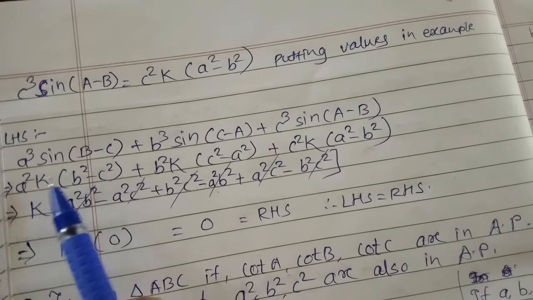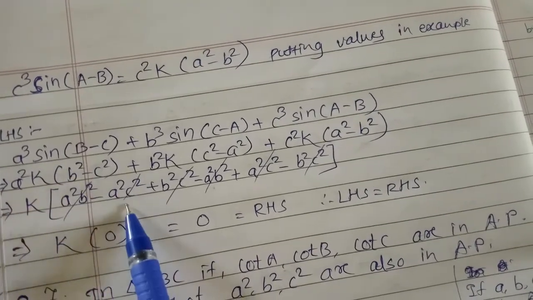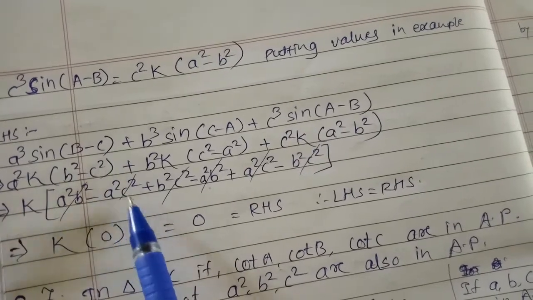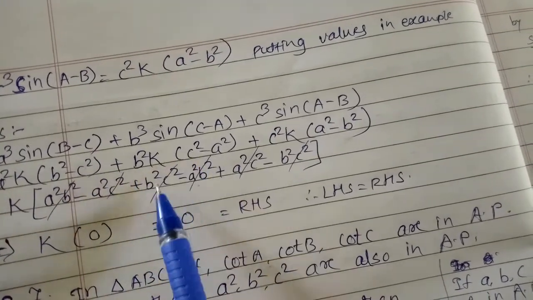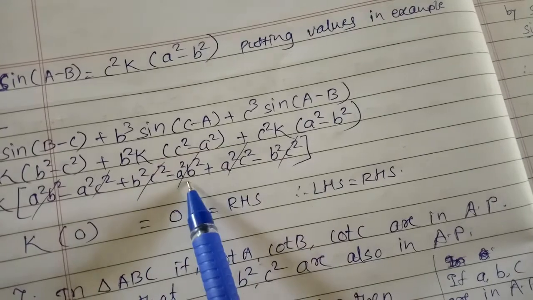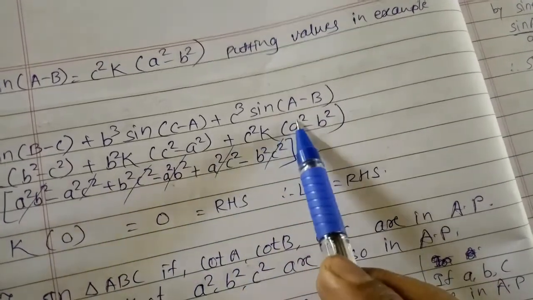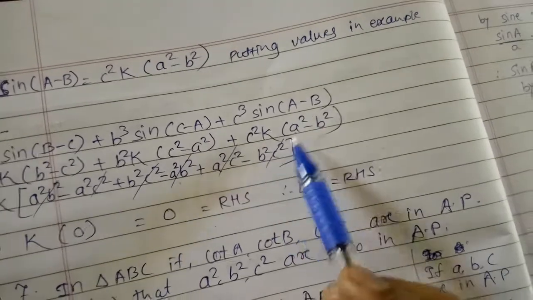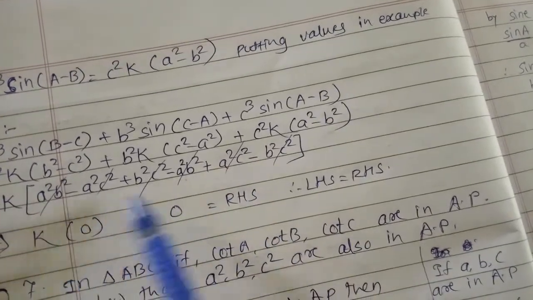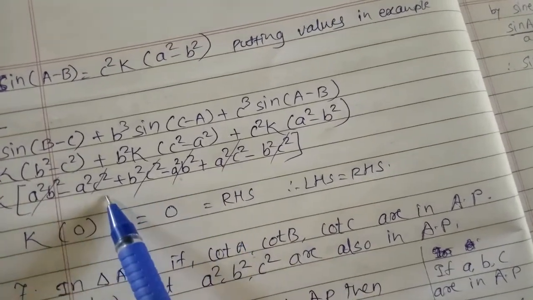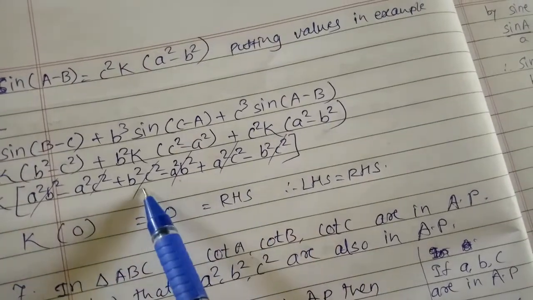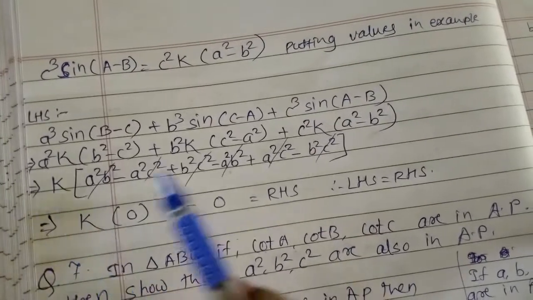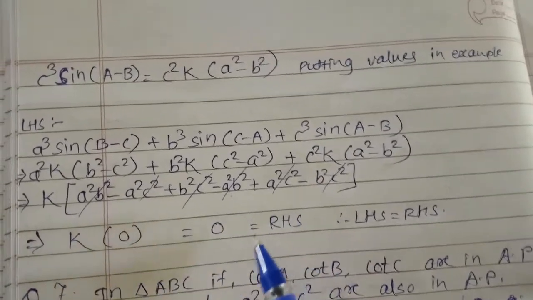Now we have to multiply a square inside and write these terms. So a square b square minus a square c square, or b square c square minus a square b square. Here a square c square is plus and minus b square c square. So all terms get cancelled, that is a square b square is cancelled with this minus, minus a square c square cancels with this plus, and plus b square c square cancels with this b square c square. So we'll get here k into 0, and so the answer is 0.